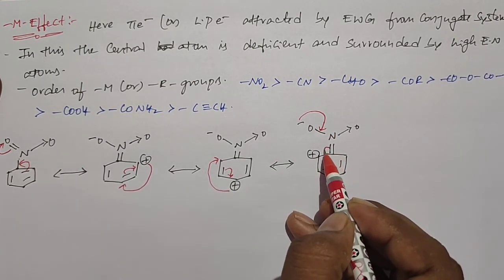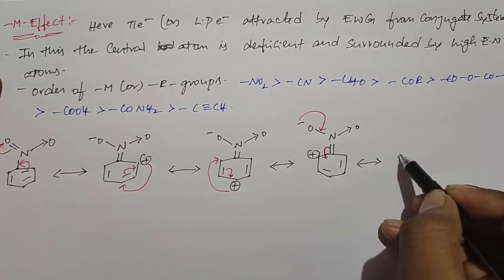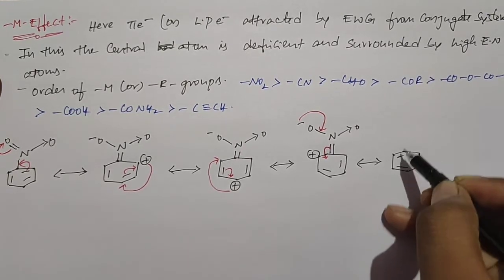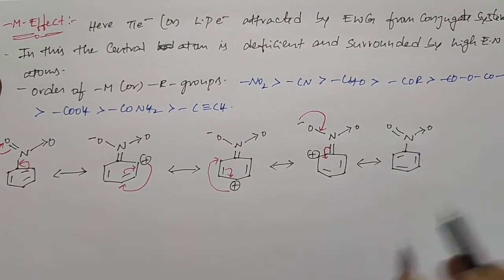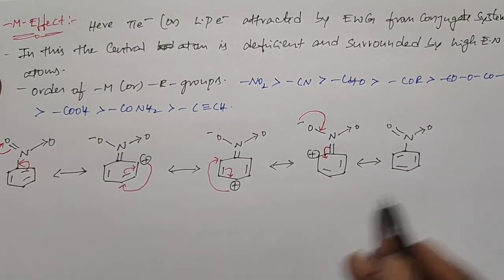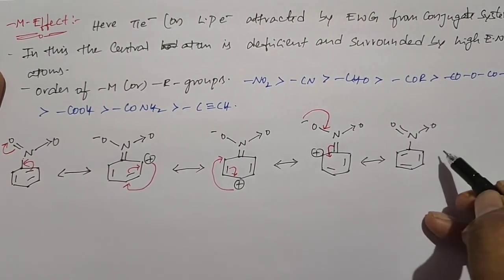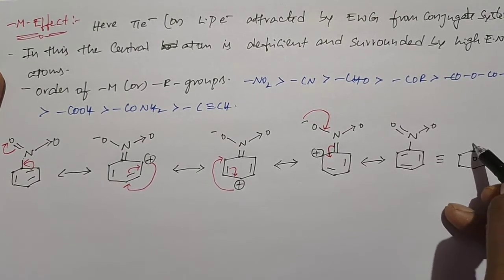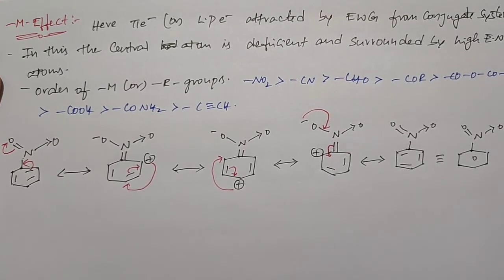In this situation, these pi electrons shift towards here as pi electrons. We get the next resonating structure. So these are the resonating structures, and now I give the resonance hybrid for all these resonating structures, and this is the resonance hybrid of nitrobenzene.